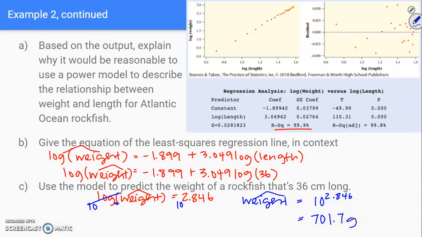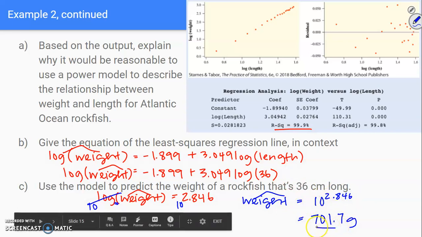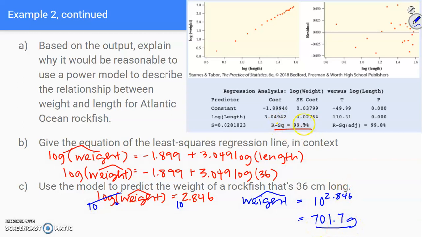Just as backtracking, when we did this before with the other model where we just cubed the x, we got 703.9. So we got something that's fairly close either way. Either way, we're making a similar prediction. This one I think is a tiny bit more exact.